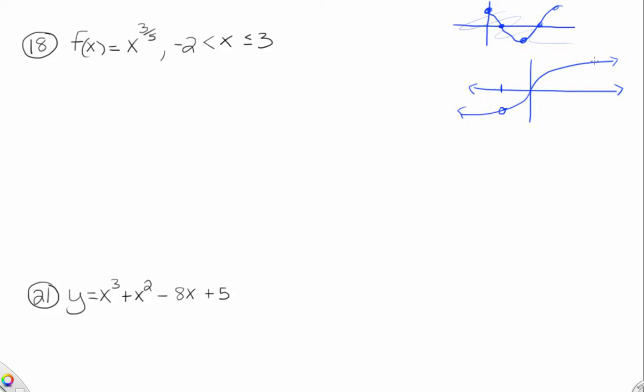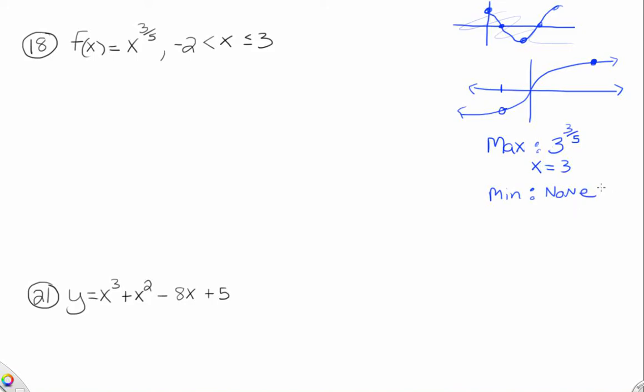And at x equals 3, we're going to be up here, and so I think I already know that my maximum is going to be 3 to the 3/5 power, whatever value that is, and that's going to occur at x equals 3, and my minimum is going to be none.